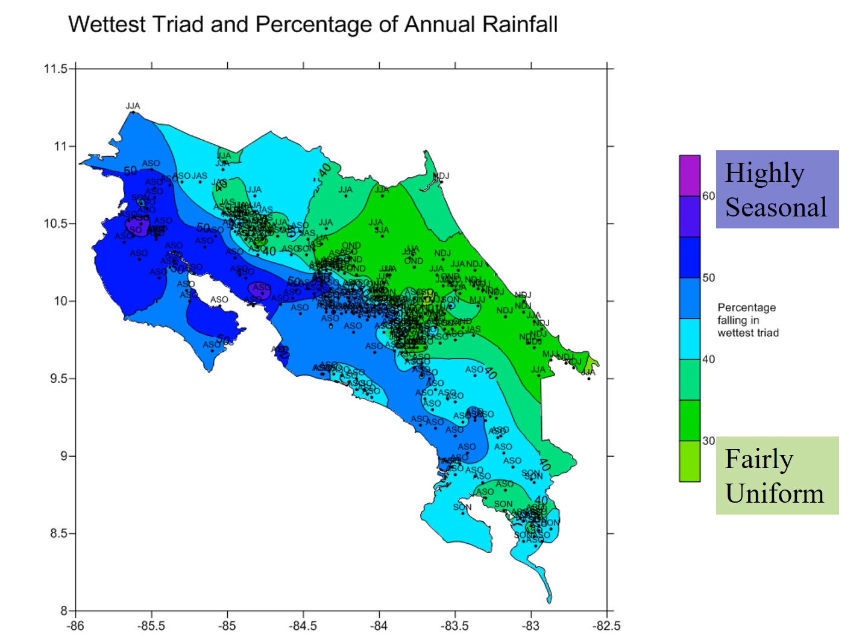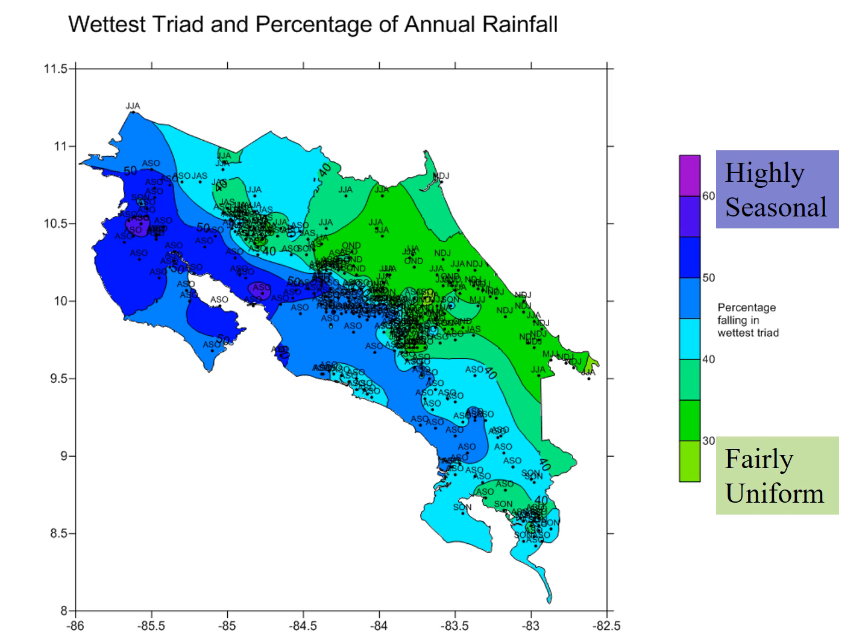The greens, which are restricted very much to the Caribbean coast, indicate that there's a fairly uniform distribution even throughout the year. Even in the wettest 3 months, the rainfall received is only about 30%. If it was evenly distributed throughout the year, you would expect that to be 25%.